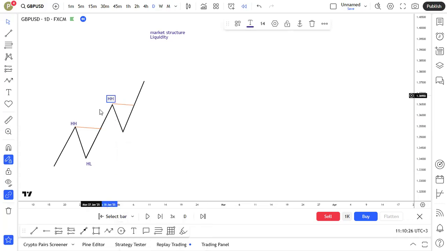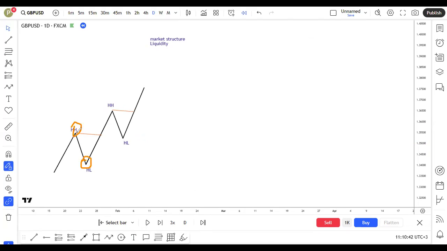It's a new higher high. And again this is the higher low. So here price was actually forming these highs and these lows, and the price kept on breaking these previous highs and forming new highs.